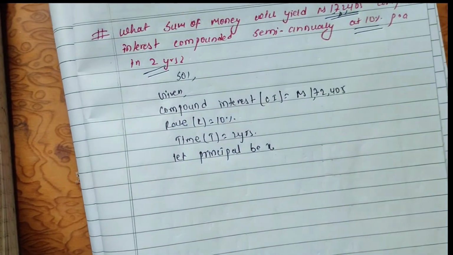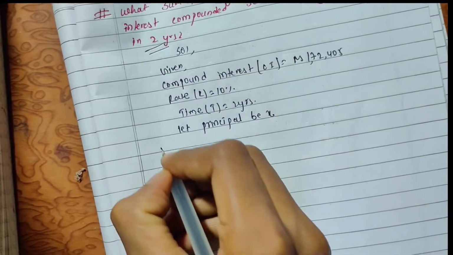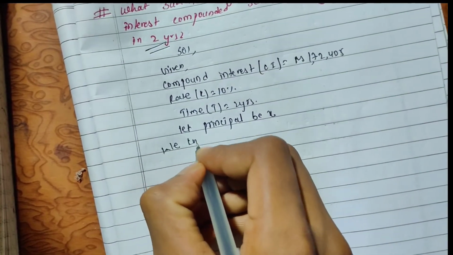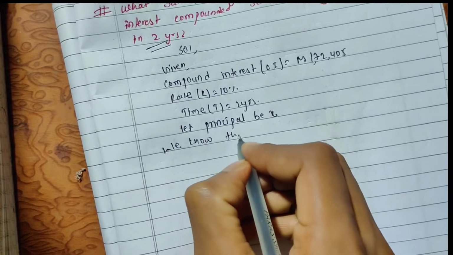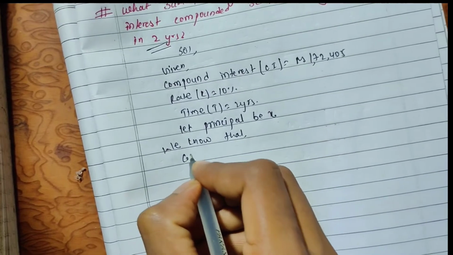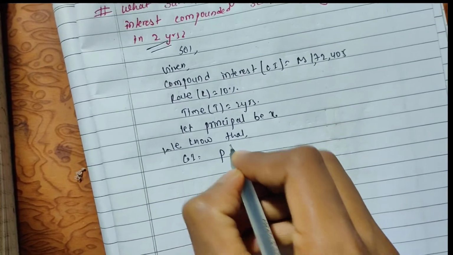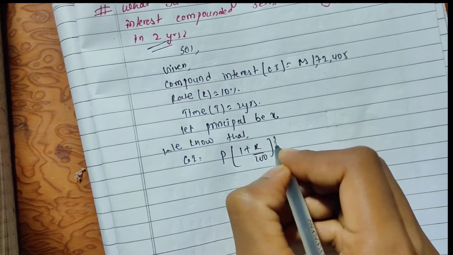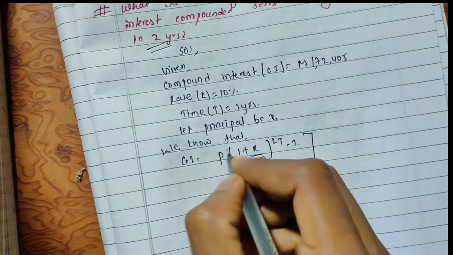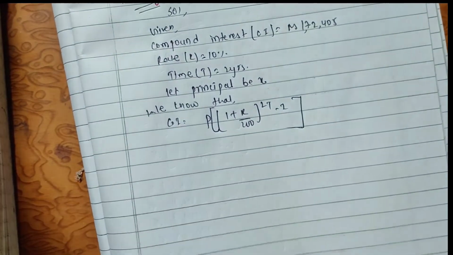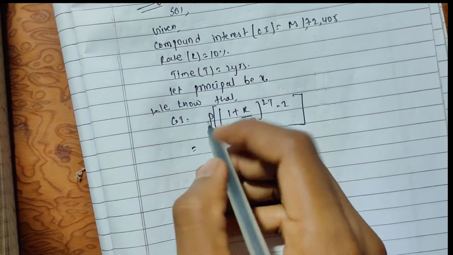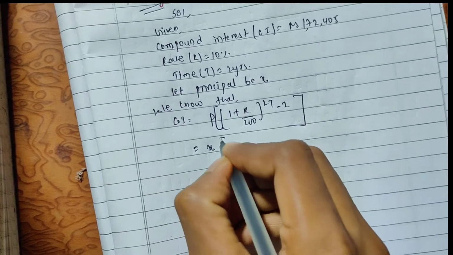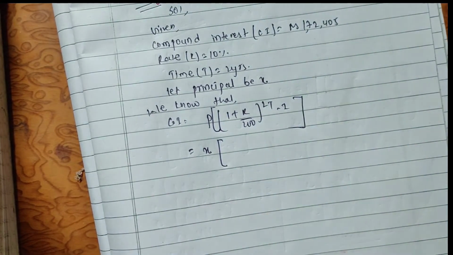Now we know the formula: compound interest equals P times (1 plus r by 200) power 2t minus 1. This is the formula for compound interest semi-annually. The principal is x. Now 1 plus rate, 10 by 100, and the time is 2 into 2. 1 divided by 20 means 0.05, power 4, minus 1.